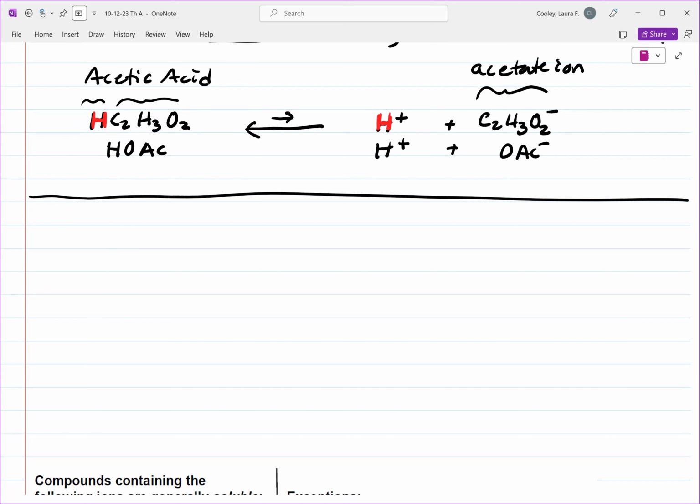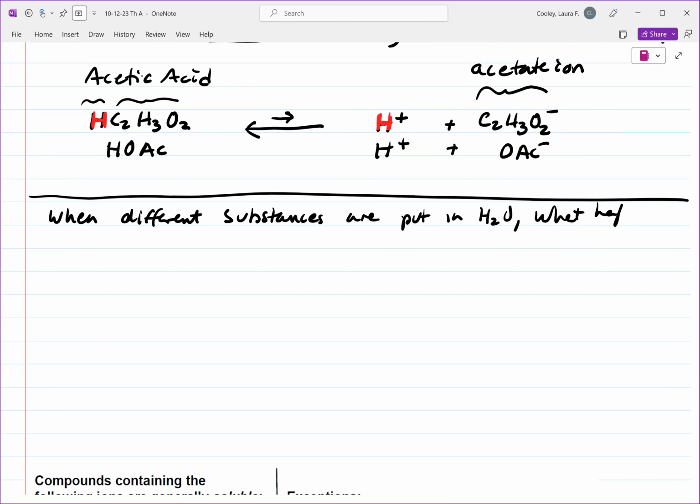Let me just write, when different substances are put in water, what happens? We know what happens to acids, but what about other compounds? Okay, so the question is, do they dissolve?